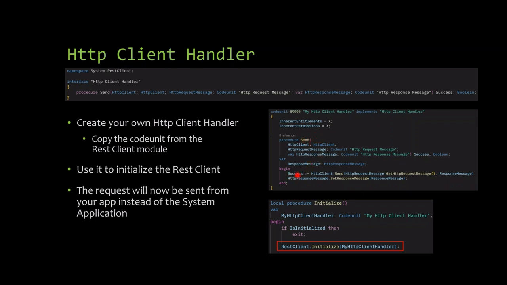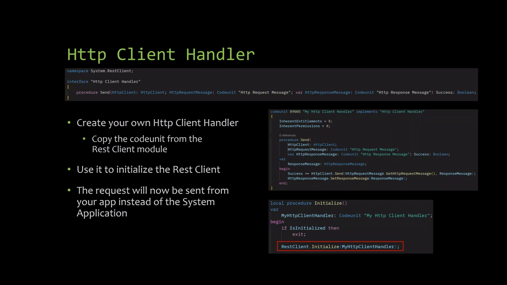And here, the only thing you need to do is, on that HTTP client that is passed into your code unit, you call the send with the HTTP request message, and you get the response message in the HTTP response message object, and on the response message parameter, this by var parameter, you set the response message. So only 2 lines of code.